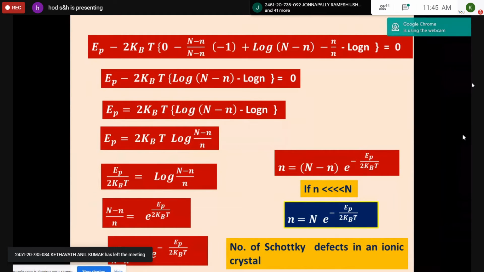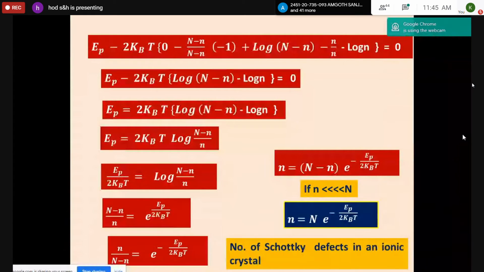Further, Ep is equal to 2kBT times log (N minus n) minus log n, which can be written as log of (N minus n) by n. Again, you bring 2kBT to the left hand side. It can be further written as Ep by 2kBT is equal to log of (N minus n) by n.